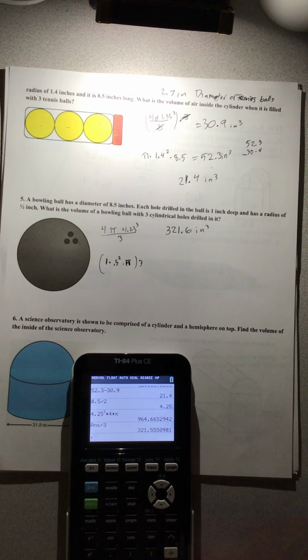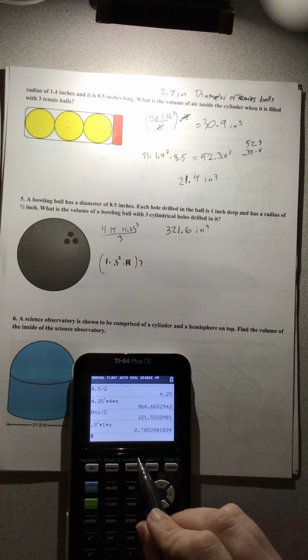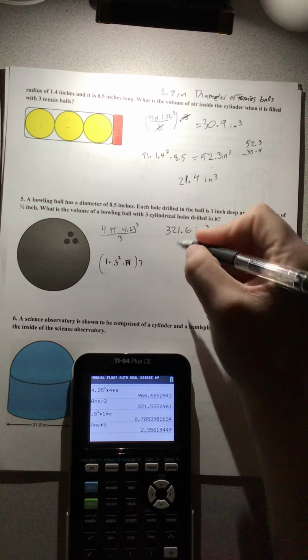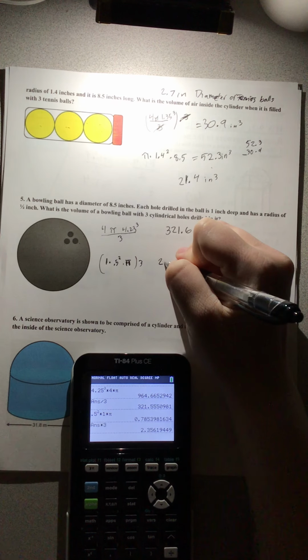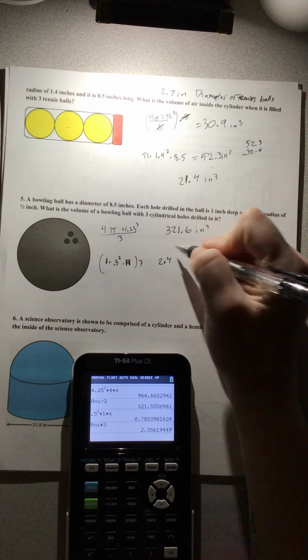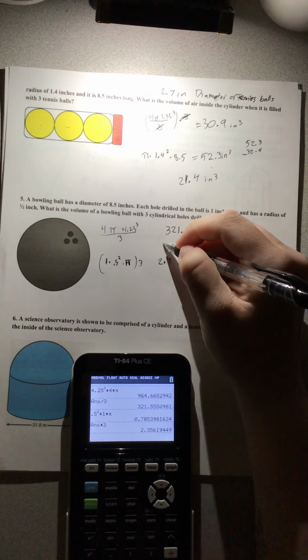So 0.5 squared times 1 times pi equals 0.785, and then we multiply that by 3, and I get 2.4. So now I have 2.4. I need to subtract that from this guy.